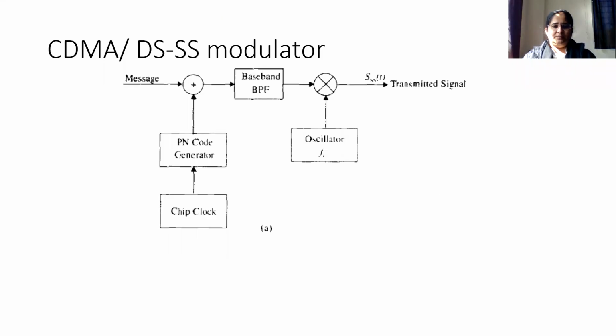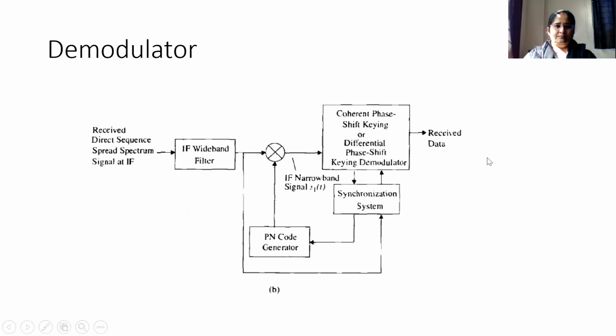Having completed the transmission block diagram, we will move to the receiver side. In the receiver block diagram, first we pass our signal through an IF wideband filter. The importance of this filter is that by passing our signal through the IF wideband filter, we remove the noise, and this helps to get better quality of our signal.